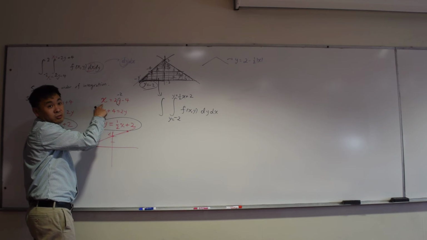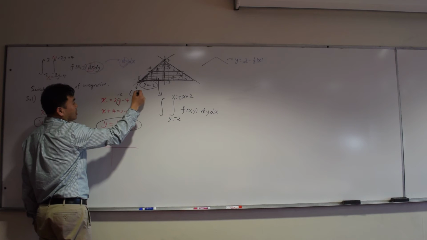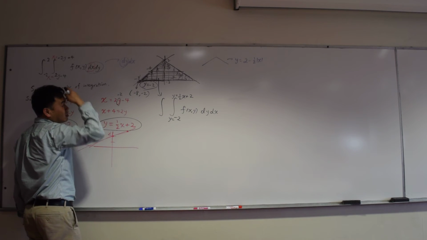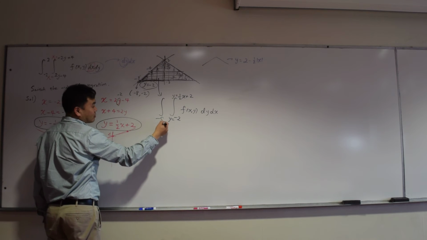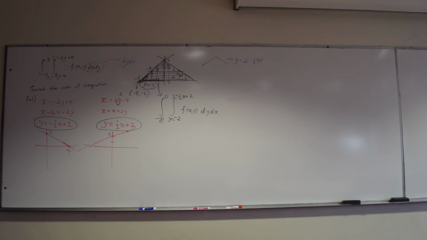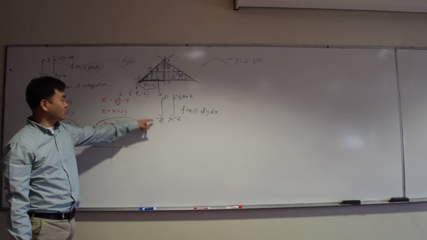You get x equals -8. So you know that the coordinate of this is (-8, -2). Then if you know the coordinate, you can say, oh, the x value varies from -8 to 0. So that's how you would do it if you were weak with geometry and couldn't figure this out.